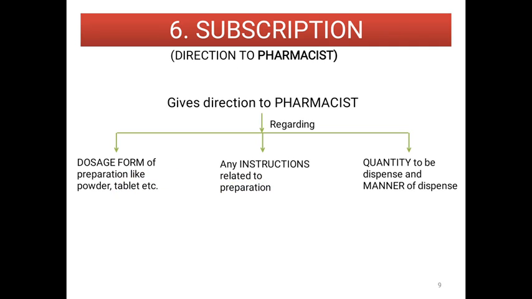Okay, then next one, subscription. It is the direction to the pharmacist. It gives direction to the pharmacist regarding the dosage form of preparation and quantity of the medicine to be dispensed and manner of dispensing, and any instructions related to the preparation should be written in this part.